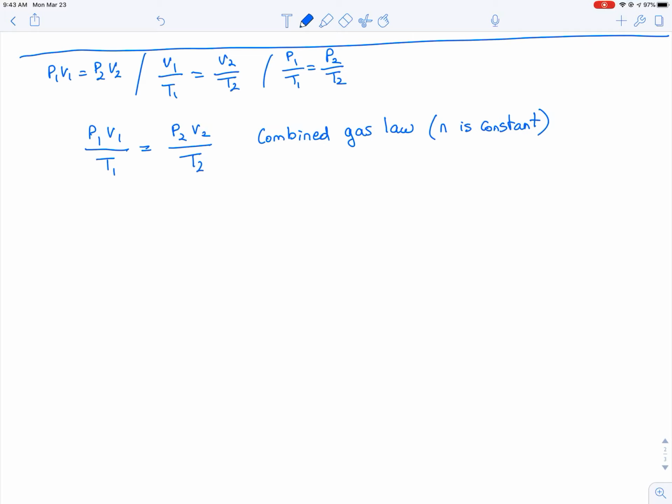All right, so let's say I have a container. So we're doing an example here.